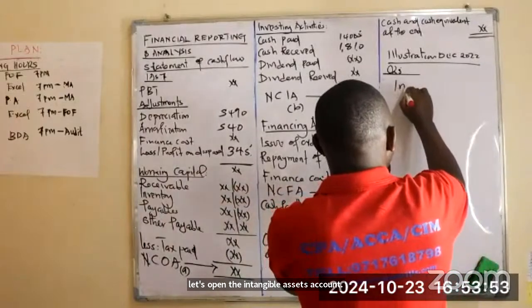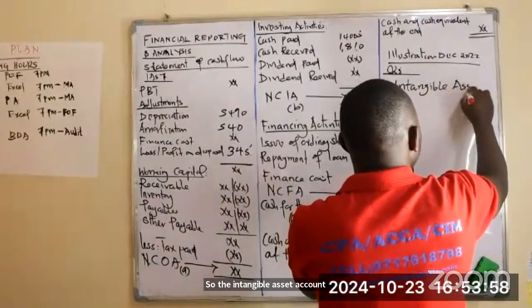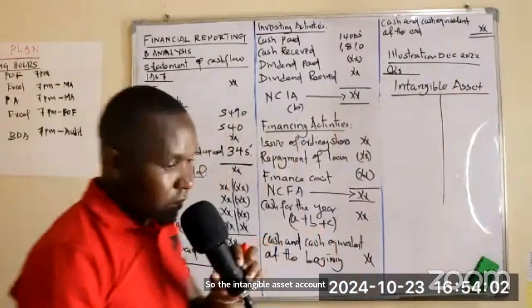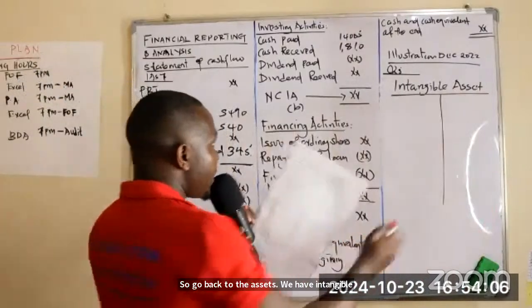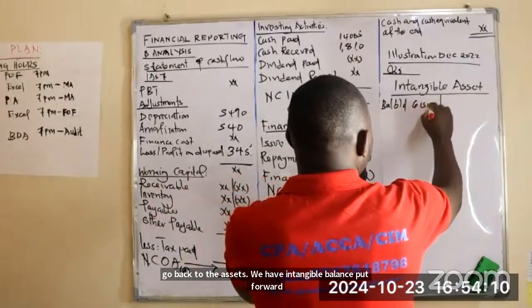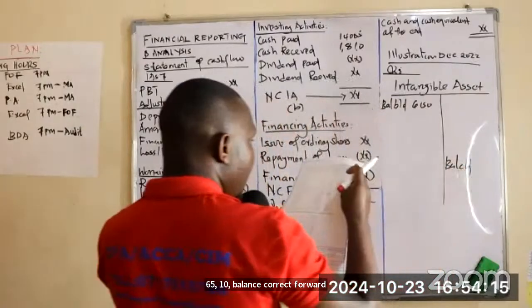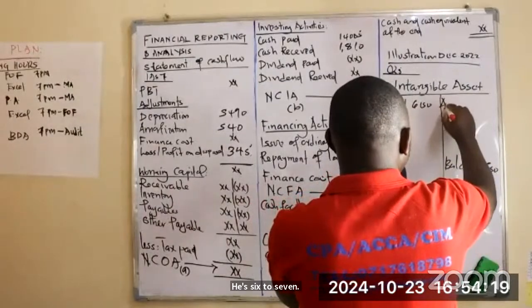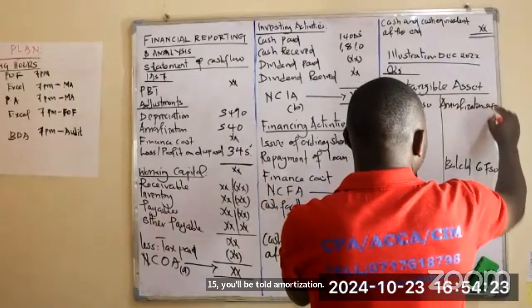So the intangible asset account, which will have debit and credit. So go back to the assets. We have intangible balance brought forward 6150. Balance carried forward is 6750. We have been told amortization is 540.